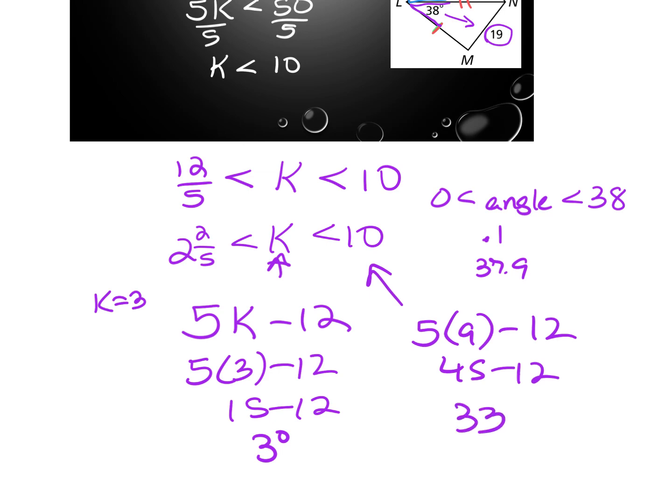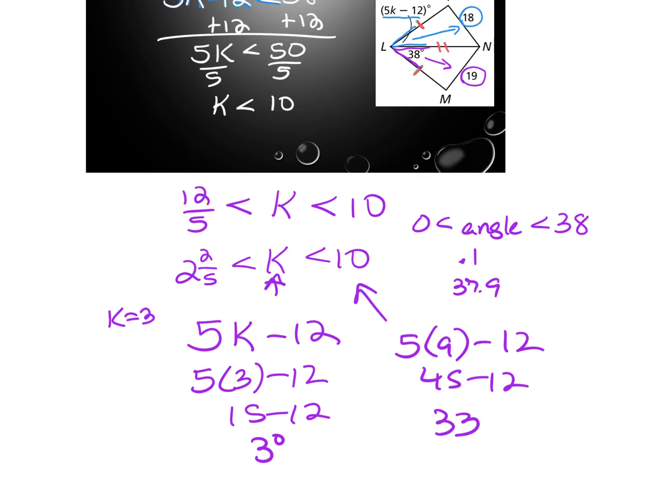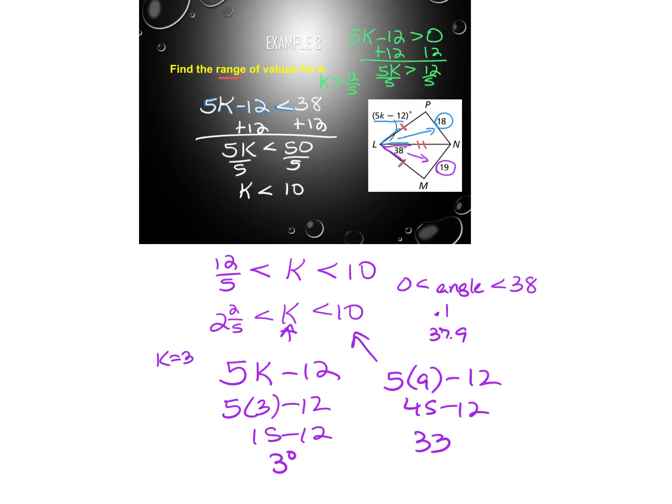So these are all acceptable angle measures that are still greater than 0 degrees. I'm not going to give you a 0.5 degree angle, but something in between 0 degrees and 38. The answer is right here. You could either represent it as a mixed number or an improper fraction.